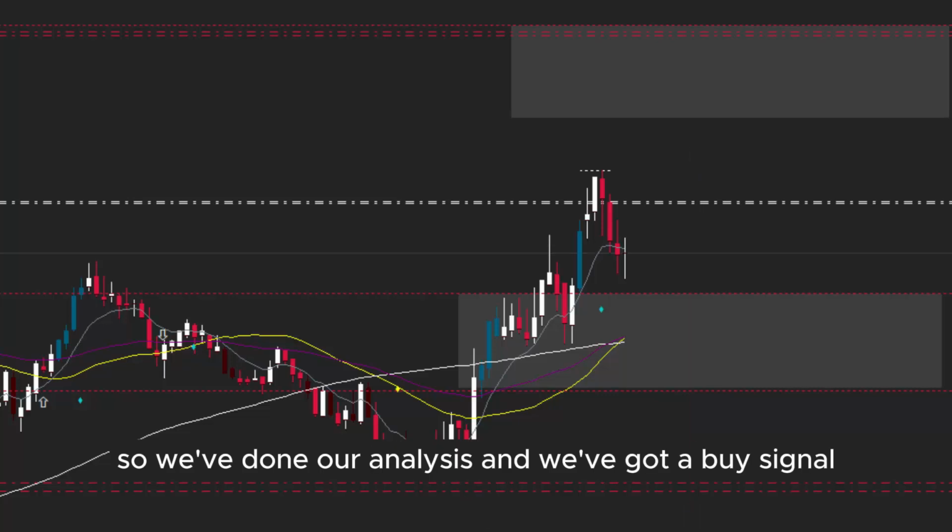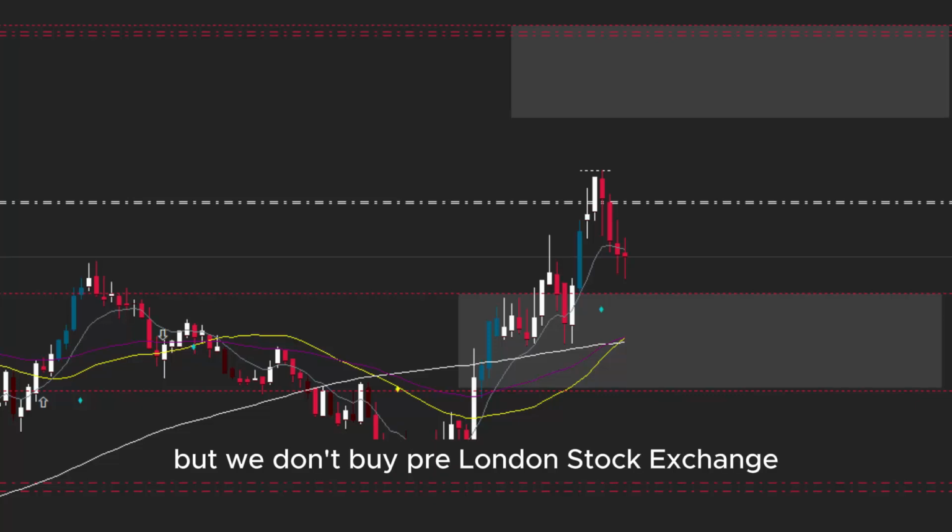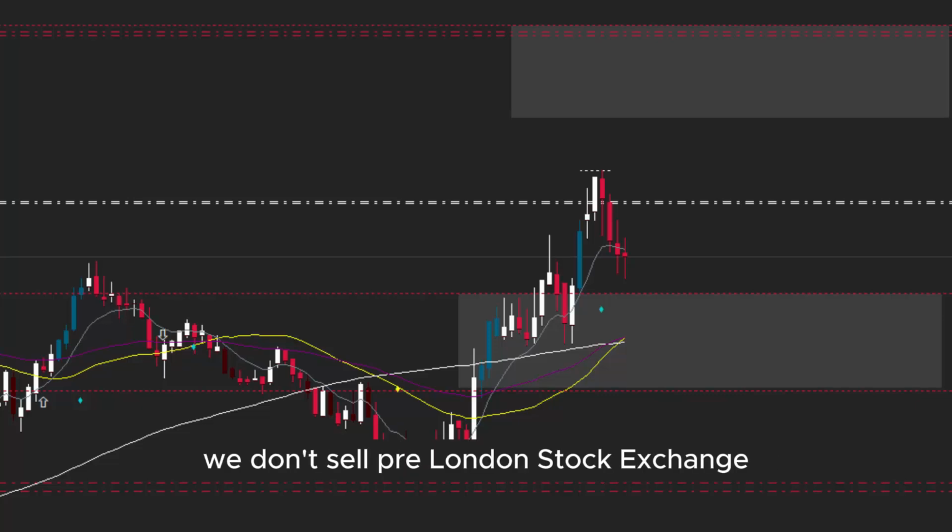So we've done our analysis and we've got a buy signal. That's what we have at the moment, a buy signal. It is a bit late, but we don't buy pre-London Stock Exchange. We don't sell pre-London Stock Exchange. When the stock exchange opens, that's when we look for signals.